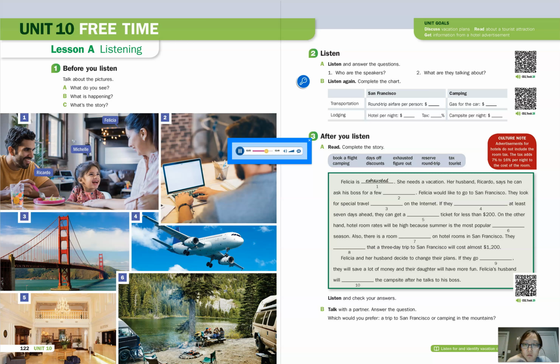We could go to Big Bear Lake. If we do that, how much will it cost? Well, gas will probably cost about $100. The campsite will cost about $35 a night, and then there's food. But that won't be too much if we grill hamburgers. Michelle will probably have more fun camping, too. I agree. So, what do you think? Should we make a reservation? I'll reserve the campsite after I talk to my boss tomorrow. I hope he says yes. We really need a vacation.